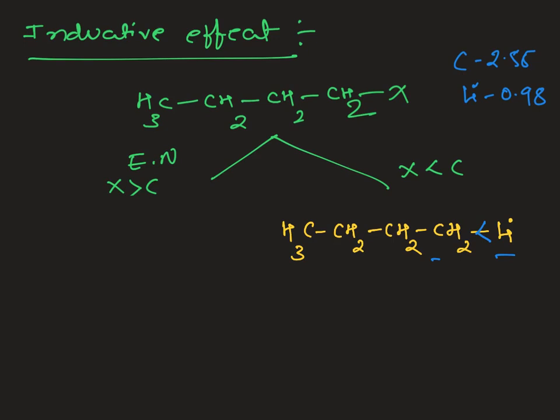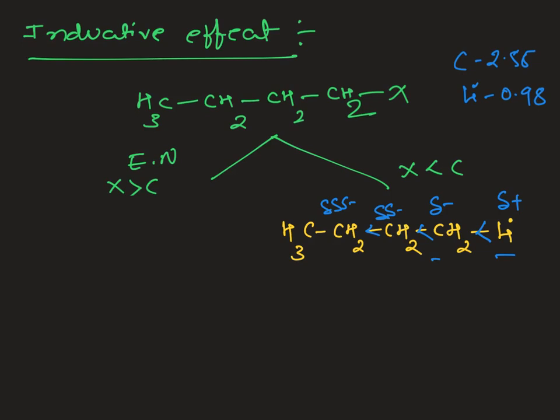As a result, lithium will get a partial positive charge and carbon gets a partial negative charge. And the second carbon will drag the bonded pair of electrons towards itself and get a partial negative charge, and the next carbon drags from the second carbon and gets a partial negative charge.